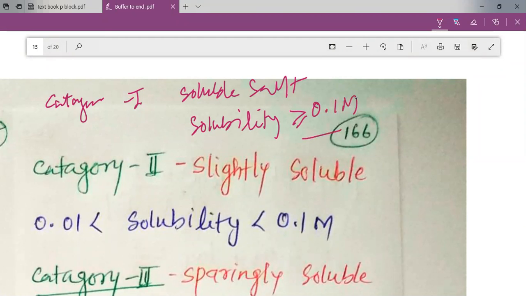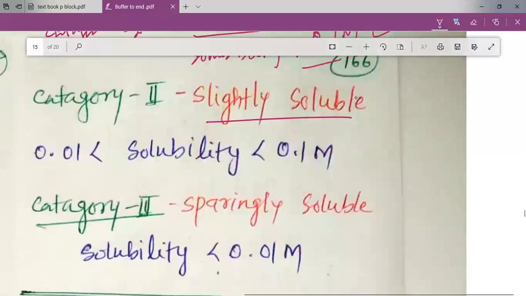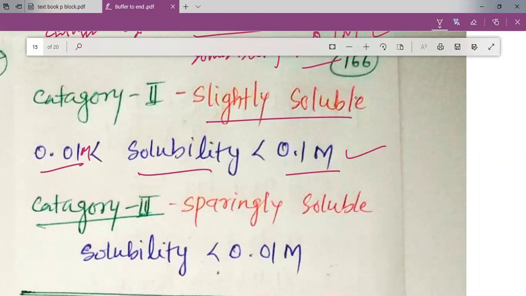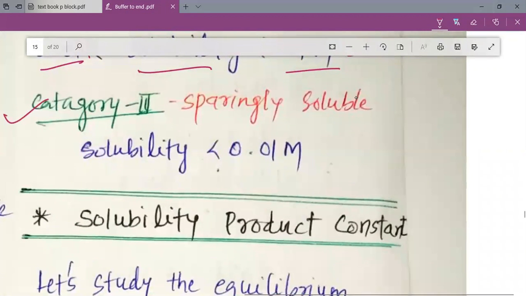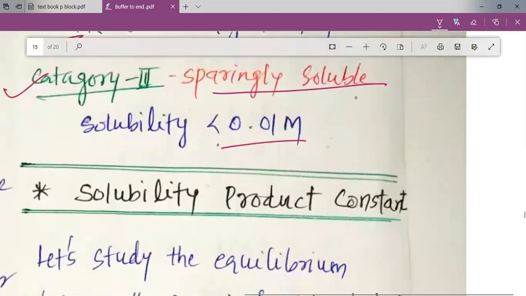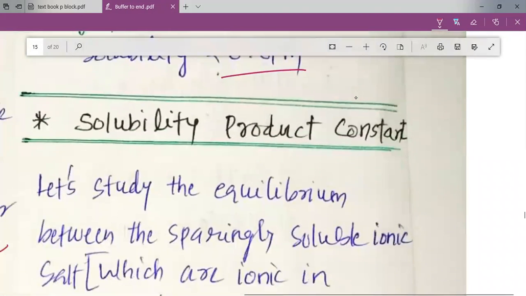Then we have the second category, which is known as the slightly soluble salt. Slightly soluble salts have solubility between 0.01 molar and 0.1 molar. And we have the third category, which is known as the sparingly soluble salt, and they have solubility less than 0.01 mole per liter. Please remember these three categories.